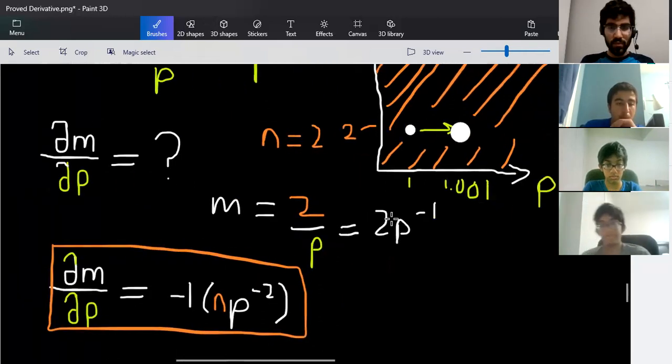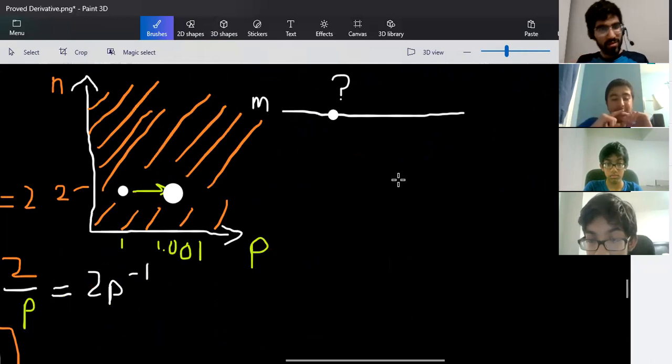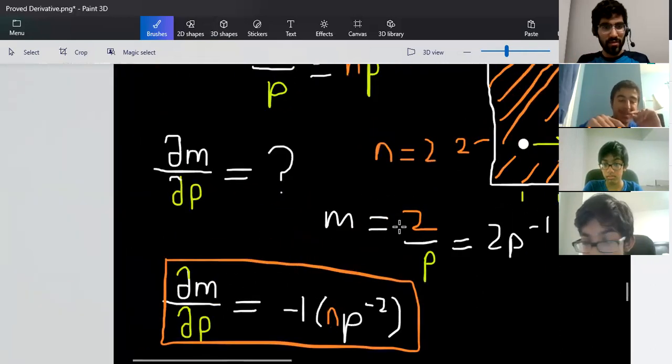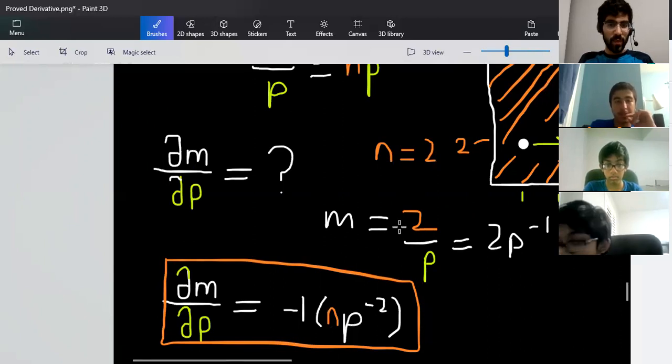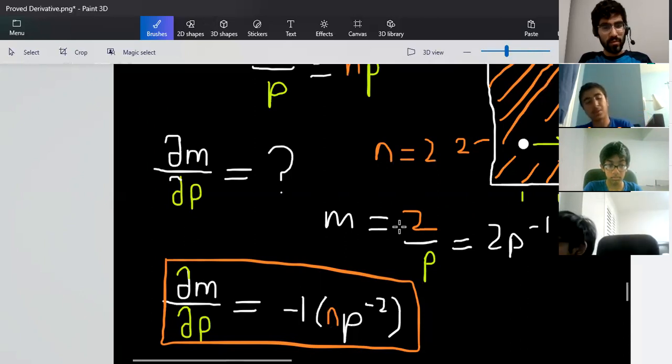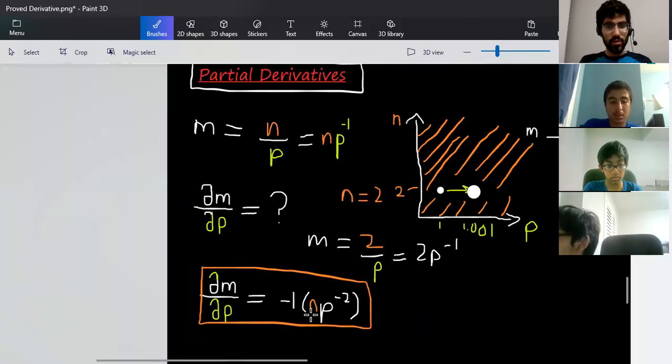Right, got it. So I'll show another equation. I'll use x's and y's because it's more familiar. Sorry, Aries. Going back to the example again, if you actually want to solve the derivative for p, then you have to set n to a constant. So whatever constant n is at the time, it's going to be multiplied by p. Remember, these are just expressions for us to plug numbers into.